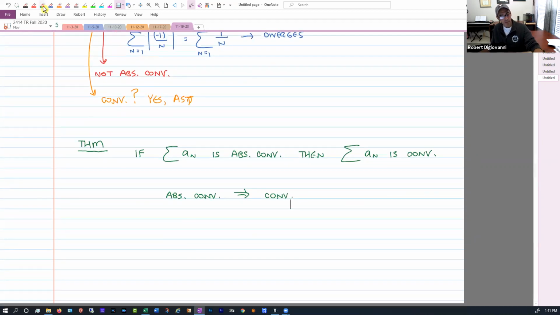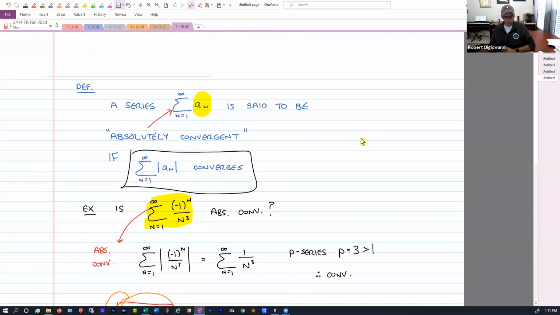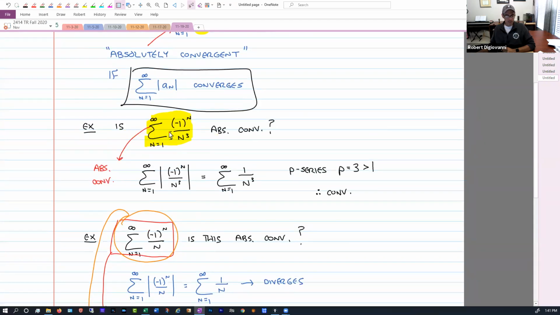So if we go back and look at the series we started this conversation with, when we started talking about absolute convergence, is that one absolutely convergent? We took the absolute value, said that's a P series, it's convergent. And therefore, that's absolutely convergent, yes?